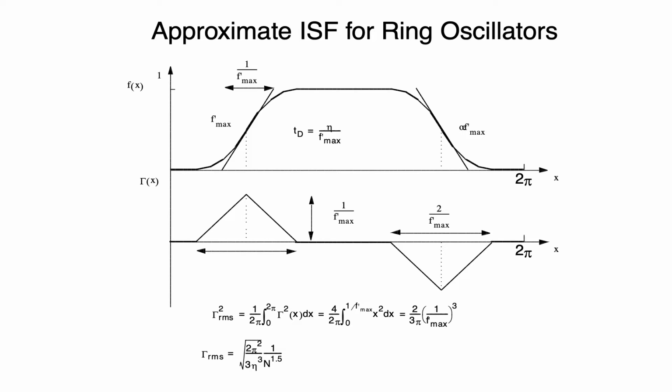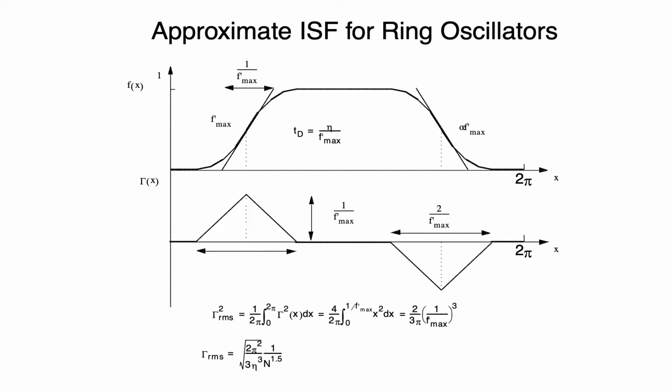Now, if you think about that, this corresponds to an ISF that would be like a triangle. So we are approximating the shapes that we saw in the previous slide with these triangles. If you do the calculation based on this triangular assumption and use eta, what you will find is interesting: the RMS value of the ISF is some constants, involving 2 and pi, and eta, and it's only related to 1 over n to the power of 1/2.